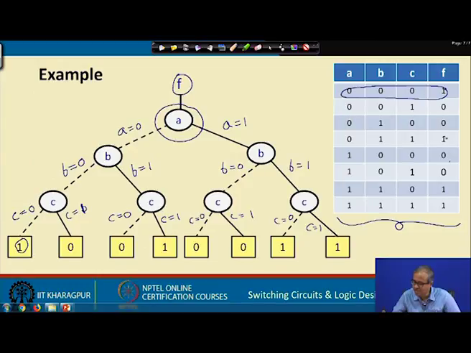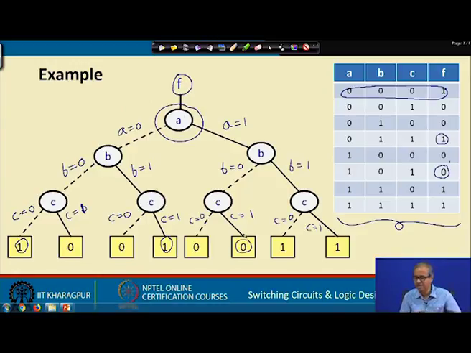Consider one more case where the output is 1, let us say 0 1 1, I come here. Let us take a 0 case, let us consider 1 0 1.